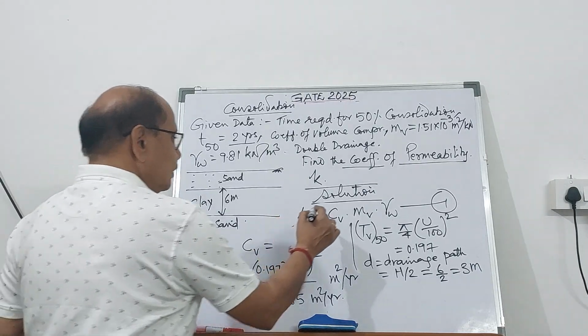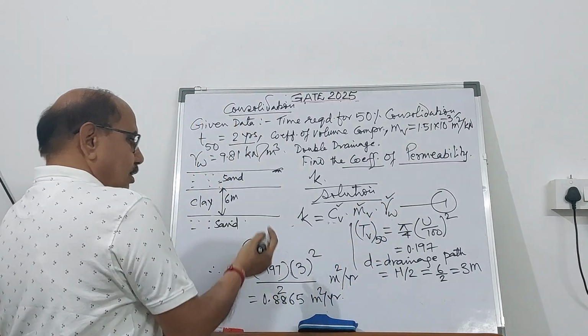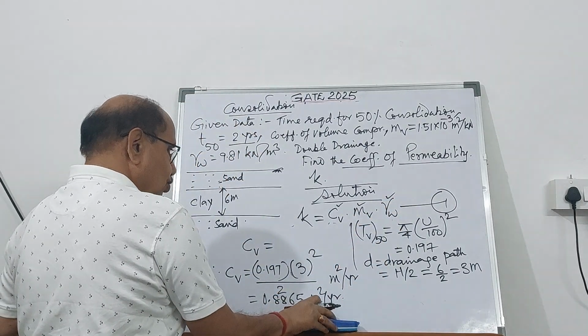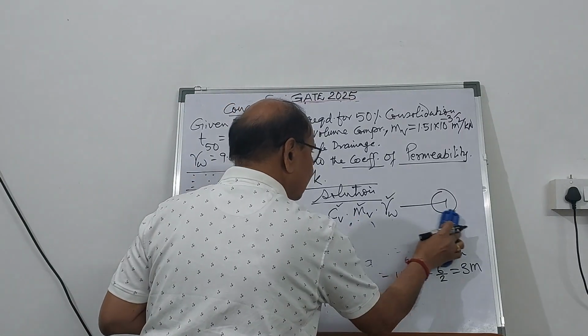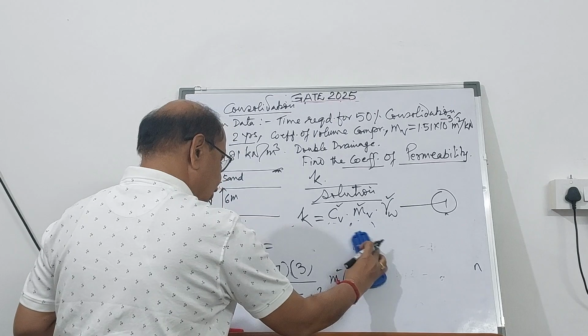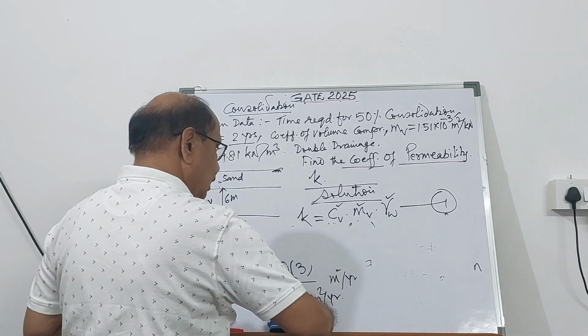CV is known to me, MV is given, gamma W is given, therefore calculate the value of K. So simple. If I want to calculate now the value of K, I will have to substitute everything in the formula.